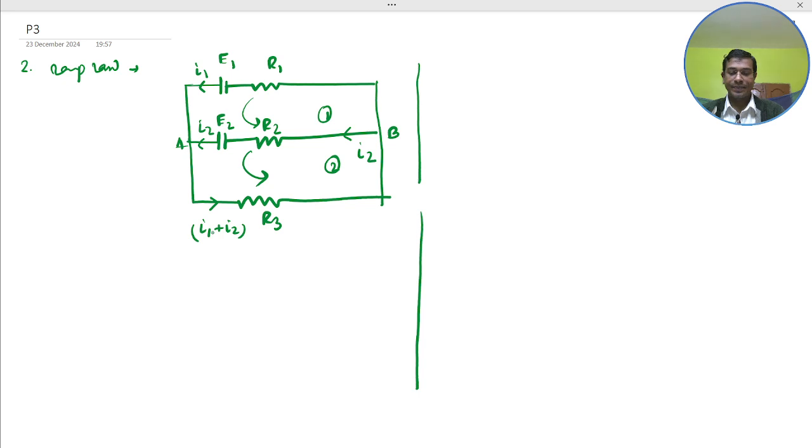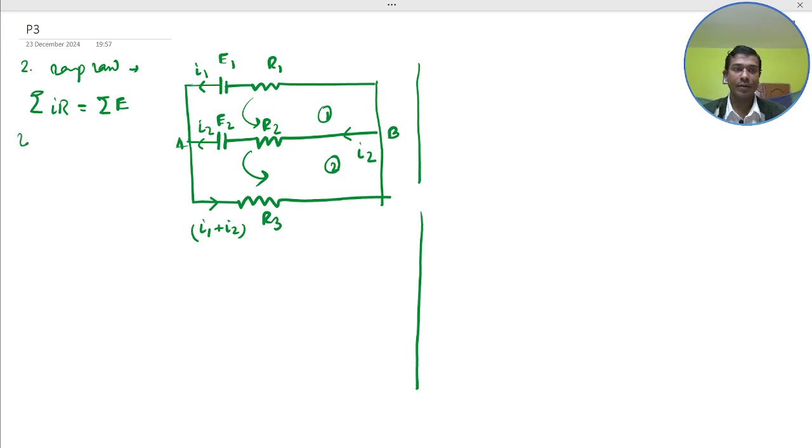It says that in a closed path of any electrical circuit, the sum over IR, current times resistance, is equal to the sum over E, the EMF.